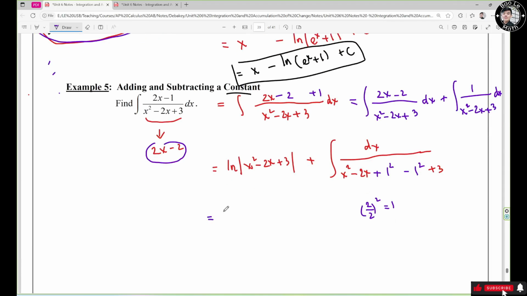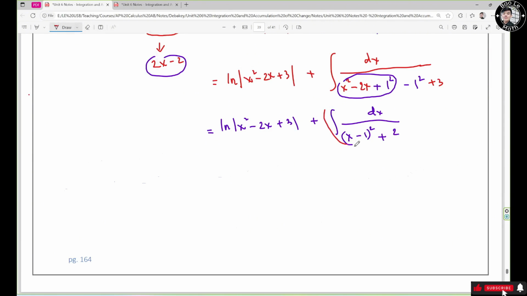Now this guy becomes natural log of absolute value of s squared minus 2s plus 3 plus, now the first three terms right here become a complete square. So this guy turns out to be antiderivative of ds over s minus 1 altogether squared, plus 2.